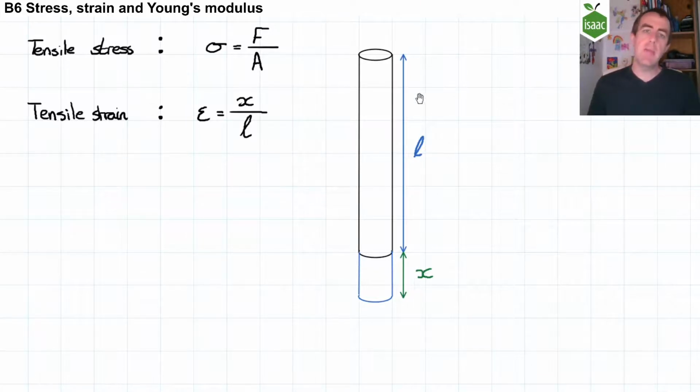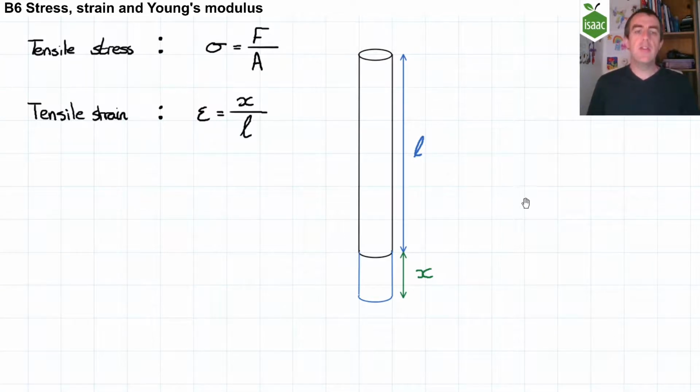The tensile strain is the extension divided by the original length. Look on this diagram here, you can see that original cylinder which has been extended by being stretched. The extension I've labelled here X and the original length I've labelled L. And so extension divided by original length is the strain. Now you'll notice that extension is a distance and original length is a distance. And because we're dividing a distance by a distance, the strain has no dimensions.